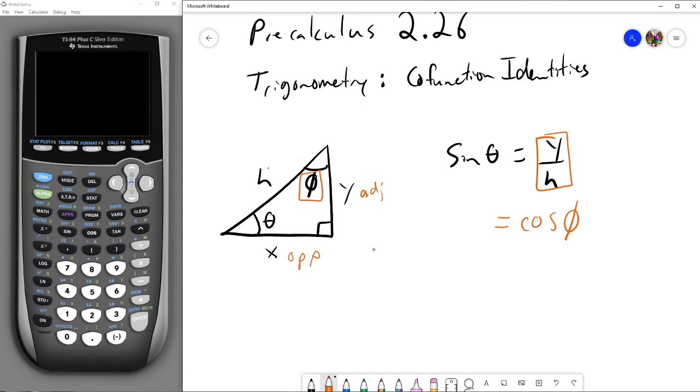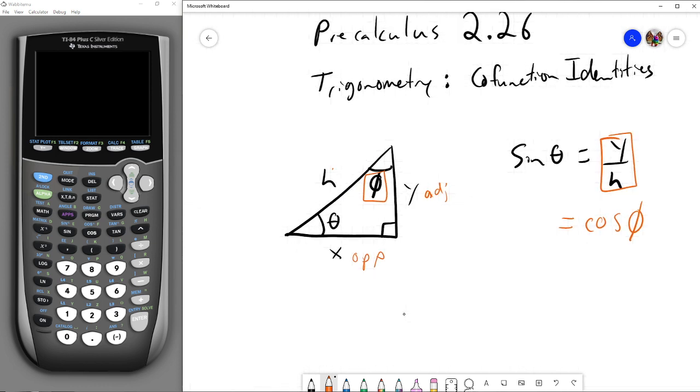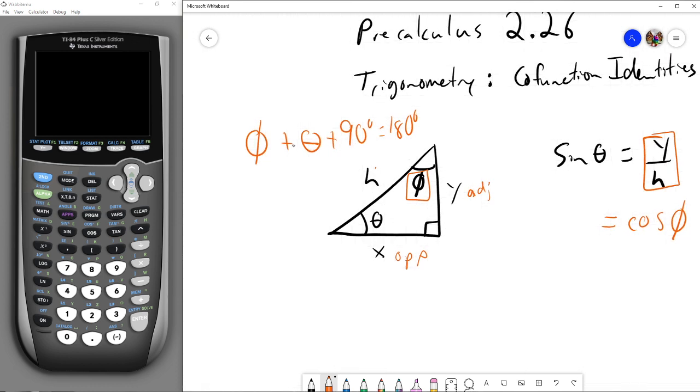Now, if we make another note that phi plus theta plus 90 degrees is equal to 180, because all three angles have to add up to 180 degrees.